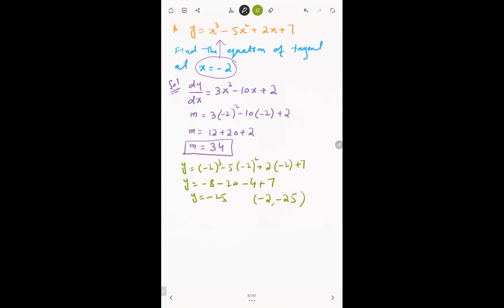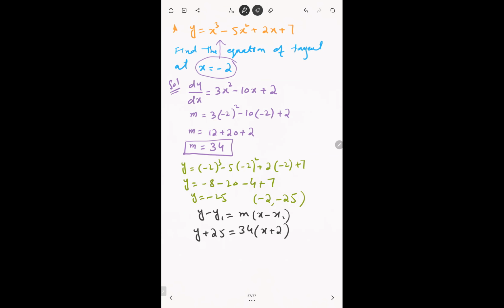Now use this in the equation of tangent. Equation of any straight line is y minus y1 is equal to m into x minus x1. So y minus y1 is plus 25 because it's minus 25 already. Gradient is 34. X minus x1 is plus 2.